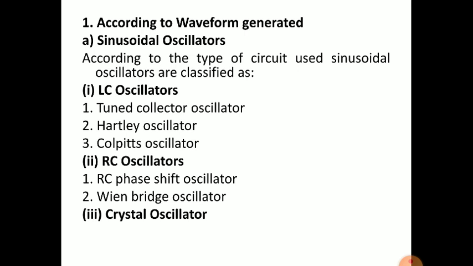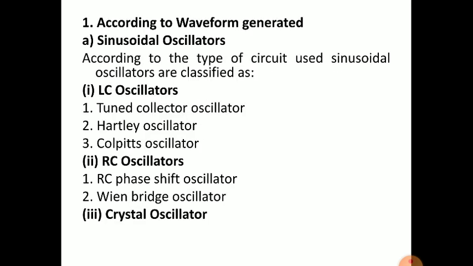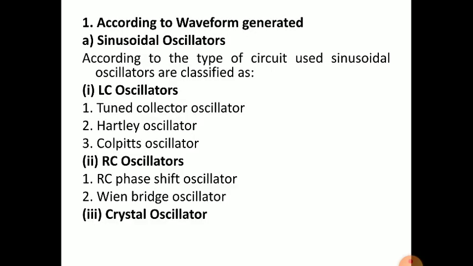According to the type of circuit used to produce these sinusoidal waveforms, sinusoidal oscillators are further classified. The first one is LC, inductor and capacitor oscillators.